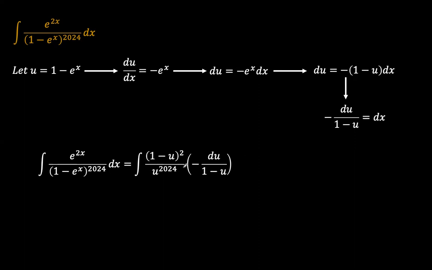Now, in place of dx, negative du over 1 minus u would be substituted. And so the 1 minus u in the denominator cancels with the (1 minus u) squared here. So we are left with negative (1 minus u) over u to the power 2024.